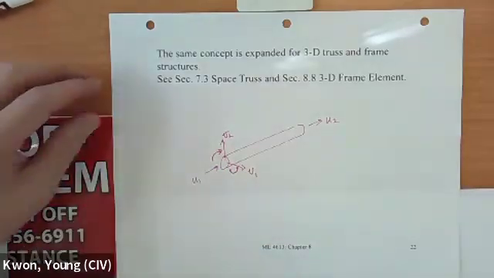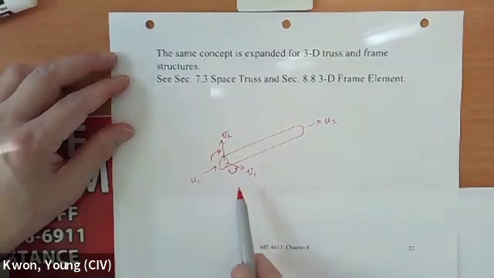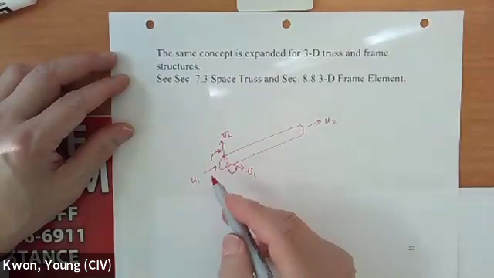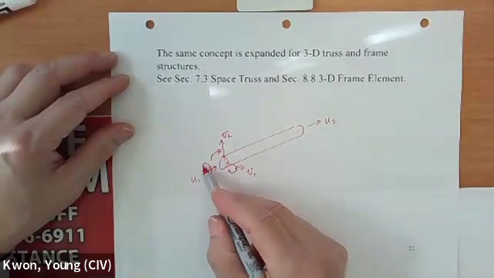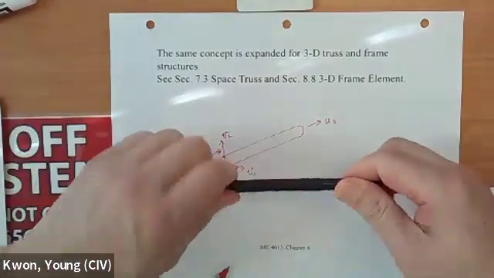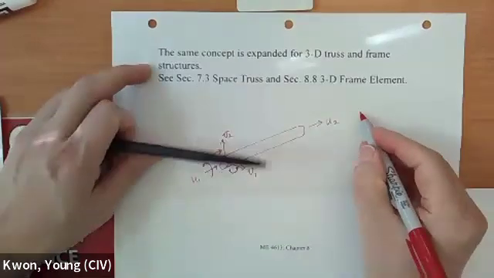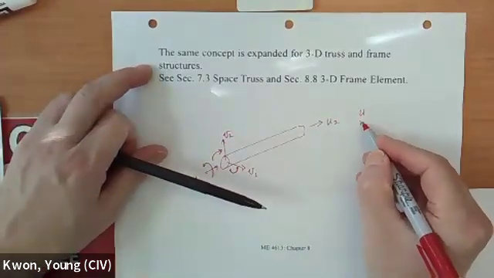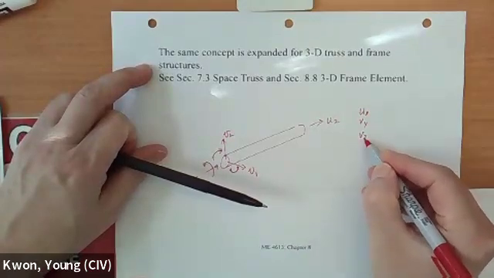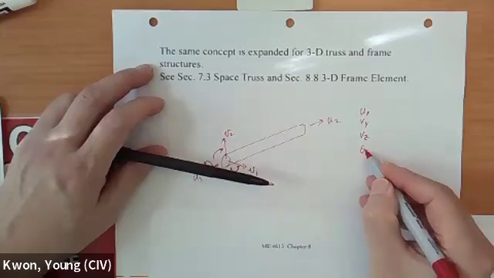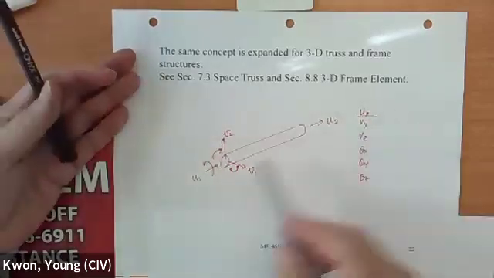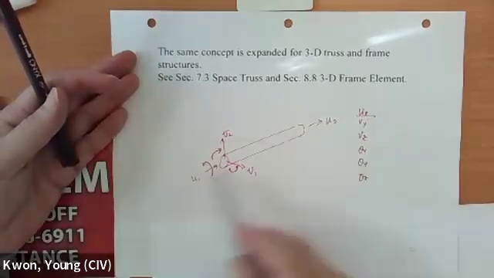Okay. So you have those degrees of freedom, and then this one could also have twisting. For a three-dimensional member, you can have twisting, a twisting moment, right? So you got U, let's say Ux, Vy, and Vz, and then you got theta X, theta Y, and theta Z. So this is the in-plane displacement, axial direction.